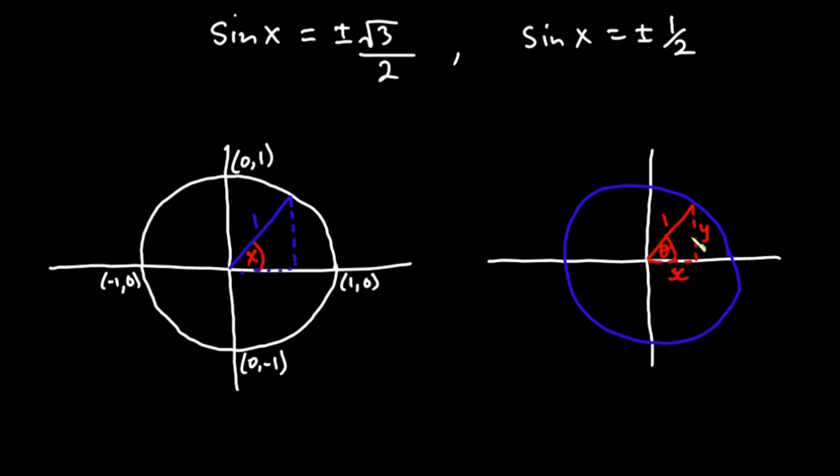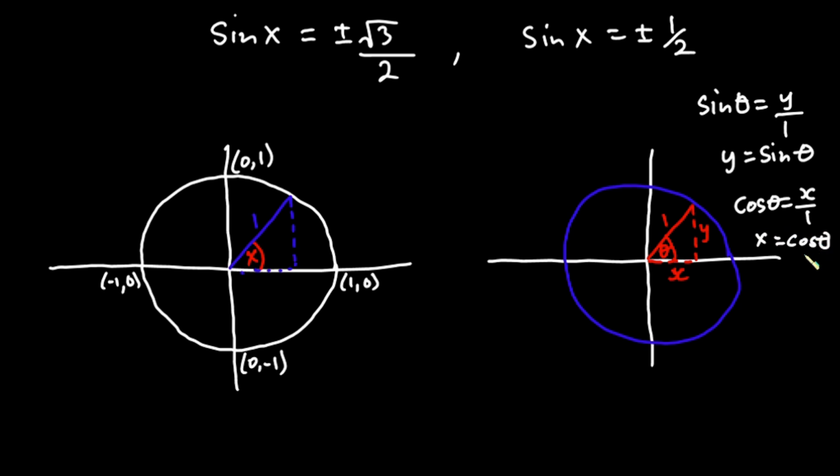Now if we resolve this along the vertical component, we're going to have sine theta, which is opposite over hypotenuse. The opposite is y, so we're going to have y over 1, since the hypotenuse is 1. Therefore, it means that y is equal to sine theta. Likewise, if we resolve along the horizontal component, we're going to get cos theta is equal to x over 1. So it means that x is equal to cos theta.